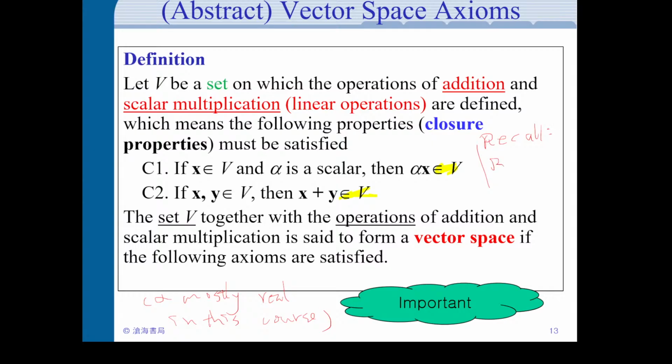Row operation 2 is you multiply your row with a scalar, so it's like scalar multiplication. And row operation 3 is you add a row to another row, with the multiplication of some number. So row operation 3 is like you do scalar multiplication and then you do addition. Okay, so those are linear operations.